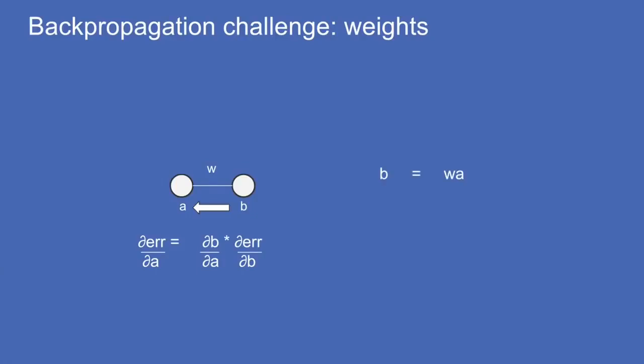So we just write the relationship between B and A, take the derivative of B with respect to A, we get the weight, W, and now we know how to make that step. We know how to do that little nugget of backpropagation.